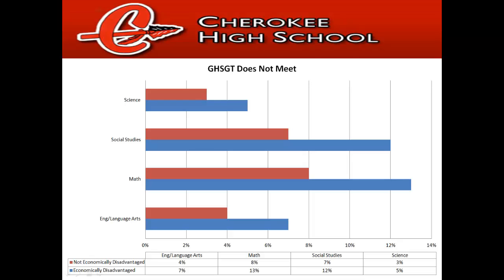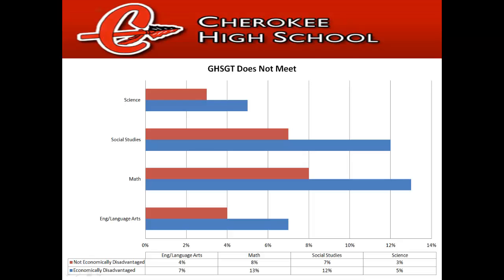In math, the not economically disadvantaged had an 8% not meet rate, whereas the economically disadvantaged had a 13% not meet. In social studies, those numbers are 7% for not economically disadvantaged and 12% for economically disadvantaged. And finally, in science, there's only a 2% difference, with 3% not meeting from the not economically disadvantaged group and 5% not meeting from the economically disadvantaged group.